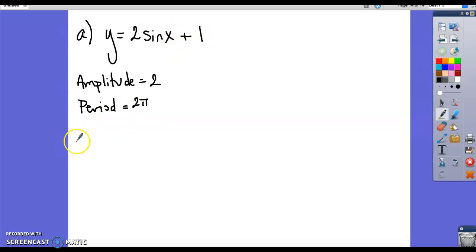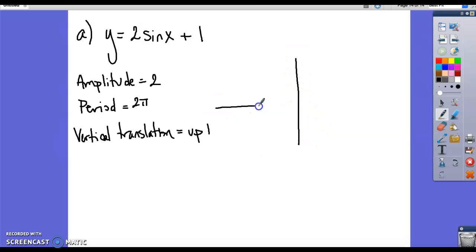But this time I've got this vertical translation of 1 unit. So my critical points are going to stay the same.